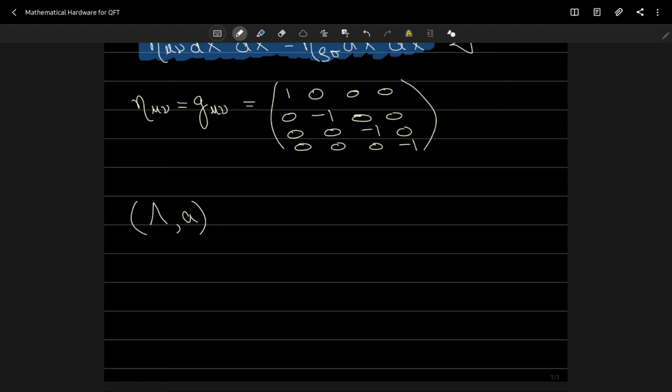I'll talk about what lambda and a are in a bit, but this linear transformation must be of the form x prime mu is equal to this capital lambda mu nu x nu plus a mu.